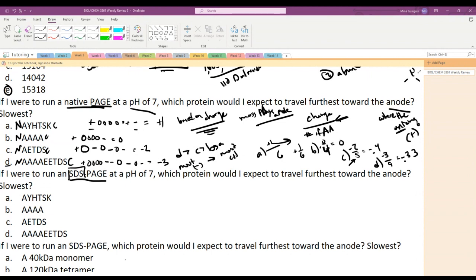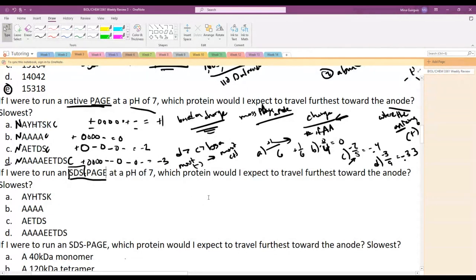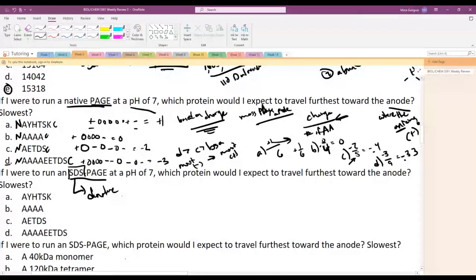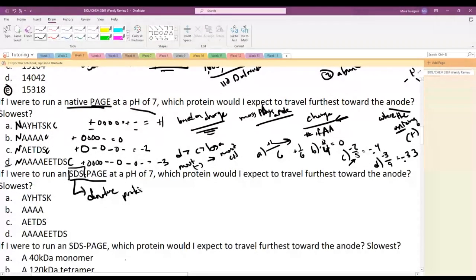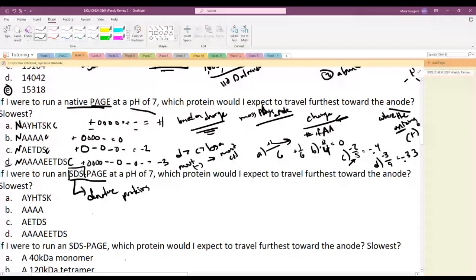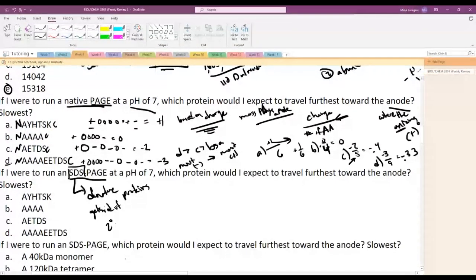Okay, you don't need to know what it actually means. It's just a bunch of sulfate groups and sodiums. The important thing is SDS will denature proteins. And by that we mean it gets rid of secondary, tertiary, and quaternary structure.